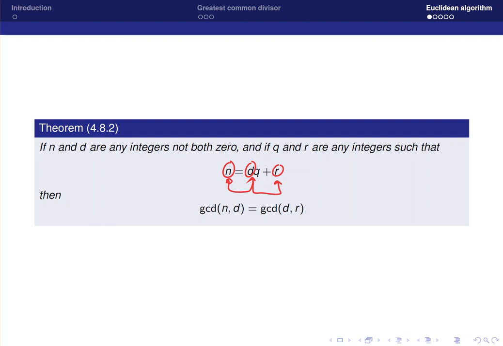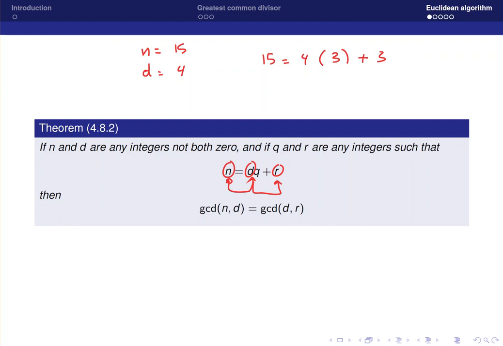So for example, let's talk about n equal to 15 and d equal to 4. If I divided 15 by 4, I'm going to end up with some quotient and also some remainder. As a matter of fact, 4 times 3 is going to be 12, plus 3 to get me back to 15.